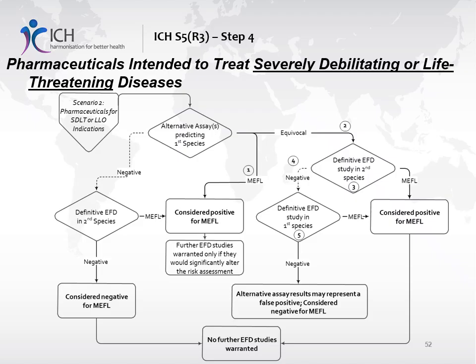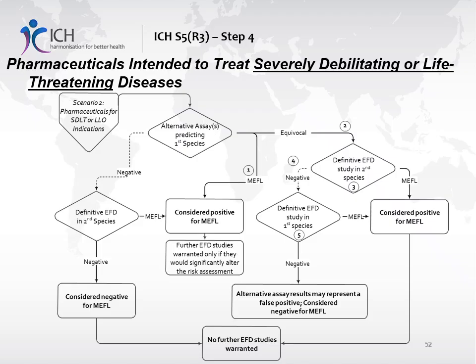If the alternative assay for the first species predicts a negative outcome, no malformations, a definitive in vivo EFD study in the second species should be conducted to confirm the assessment. If positive, the compound is considered positive for EFD risk.